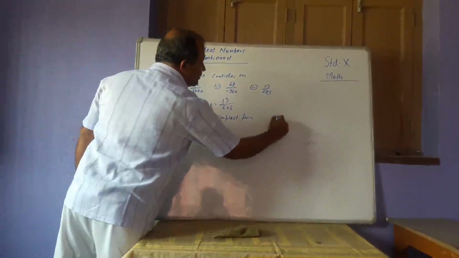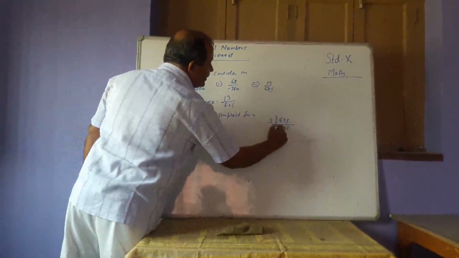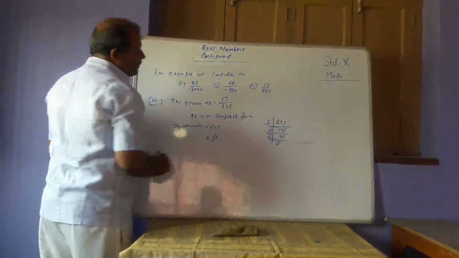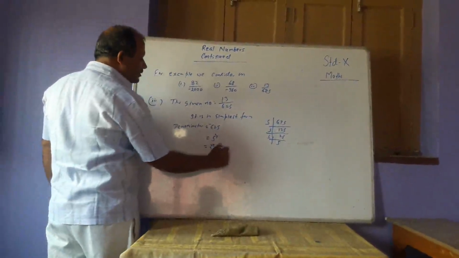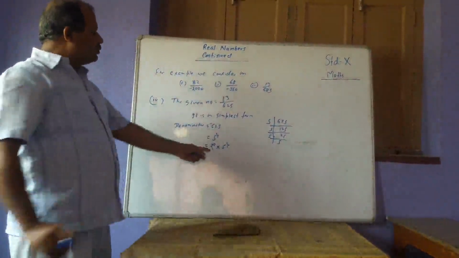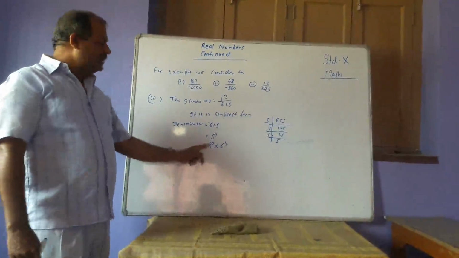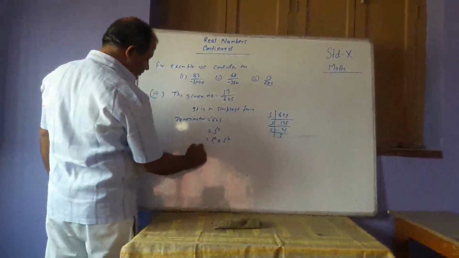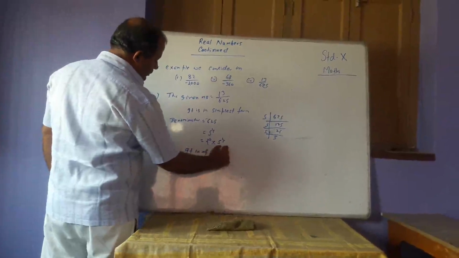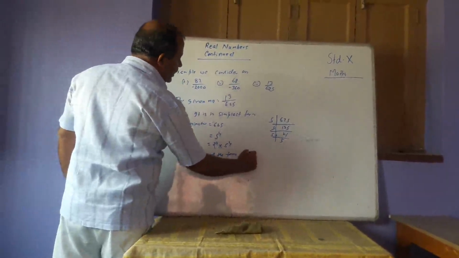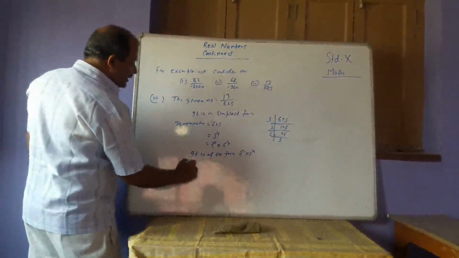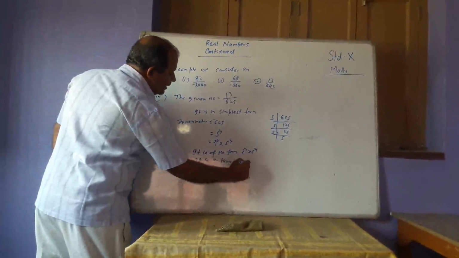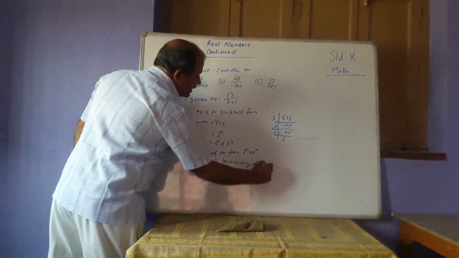On doing the prime factorization of 625, we find 5 to the power 4. You may write 2 to the power 0 into 5 to the power 4, because 2 to the power 0 is 1. It is of the form 2 to the power m into 5 to the power n. Therefore, it is a terminating decimal.